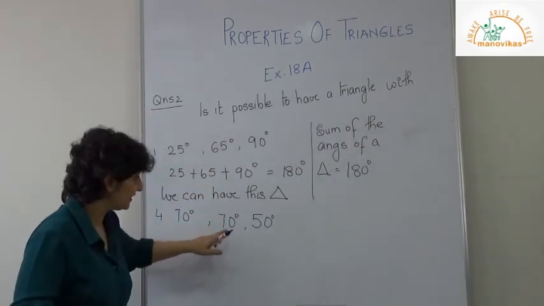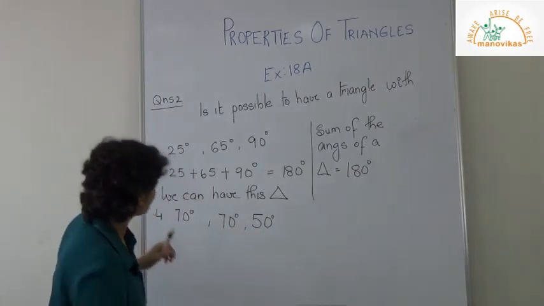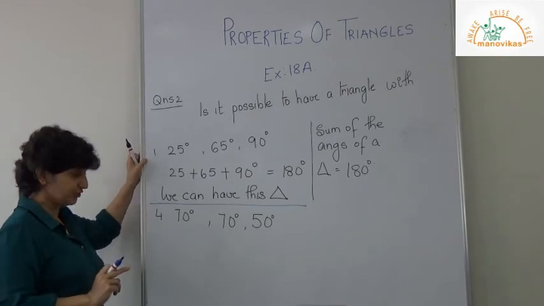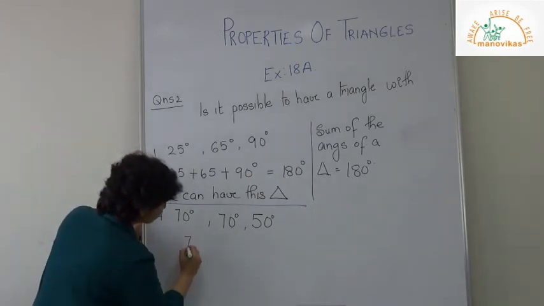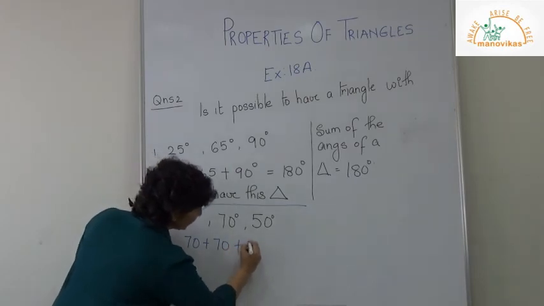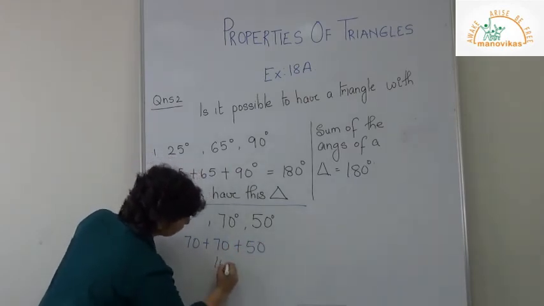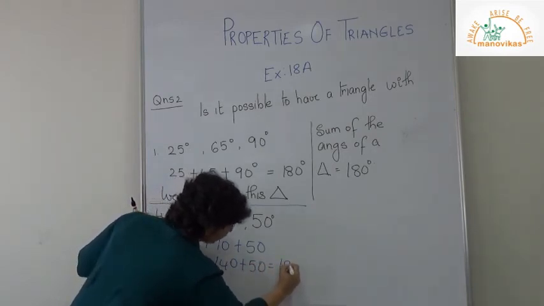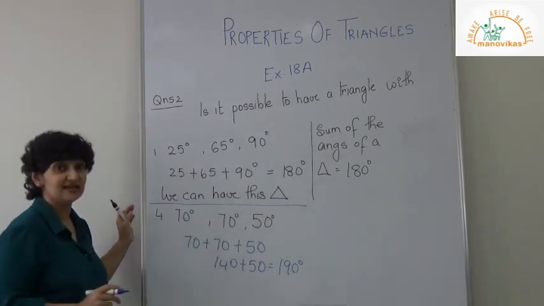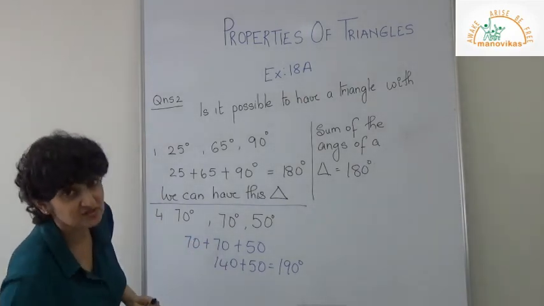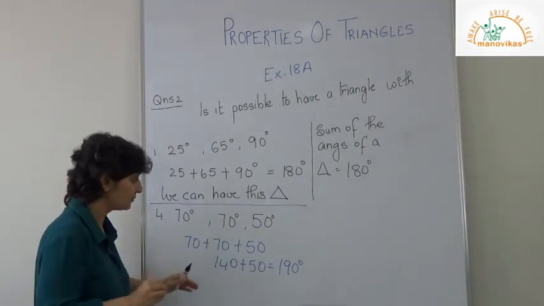I have 70, 70 and 50. I did the first one for you. Now let's see the fourth one. 70 plus 70 plus 50. 70 plus 70 would give me 140. 140 plus 50 would give me 190. So that means I cannot draw this triangle, or this triangle cannot be formed. Why?